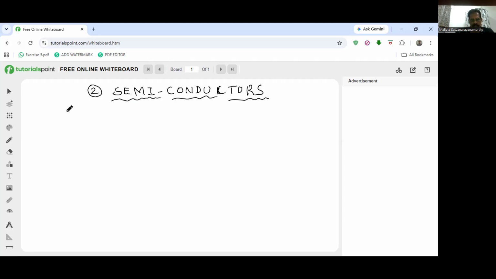the band theory. What is meant by a band theory? A small concept I want to explain about the band theory.